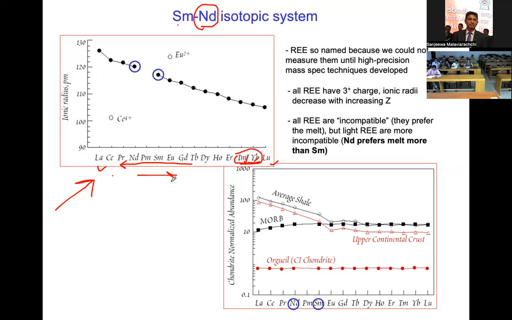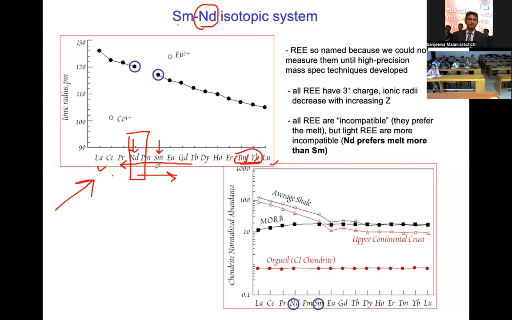This is just the behavior of rare earth elements, and how we represent them in the diagram. You can see here neodymium lies in this series, whereas samarium is here. So obviously neodymium should be more incompatible than samarium.